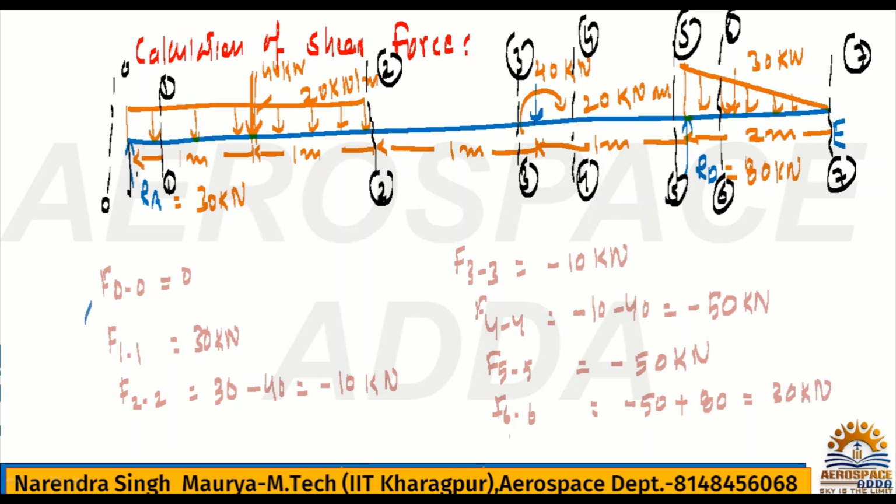Now coming to F77: 30 kilonewton, and the total UVL value, if you check, is 30 kilonewton, which is downward, so it becomes 0. I also told you that just before the beam and just after the beam the force should be 0, and you are getting that. It means all the calculation you have done is correct. This is the checking process actually.